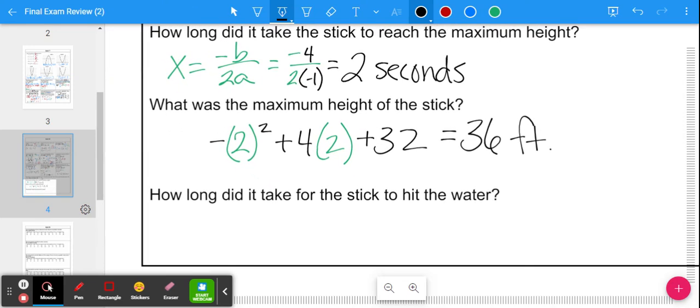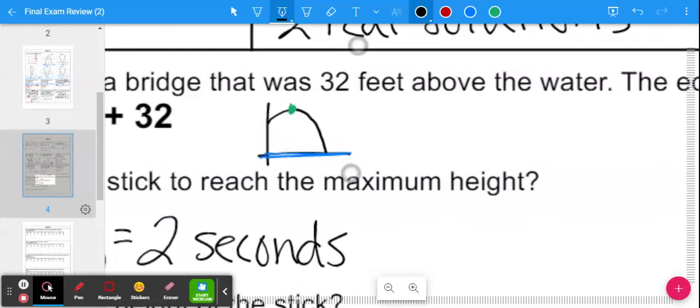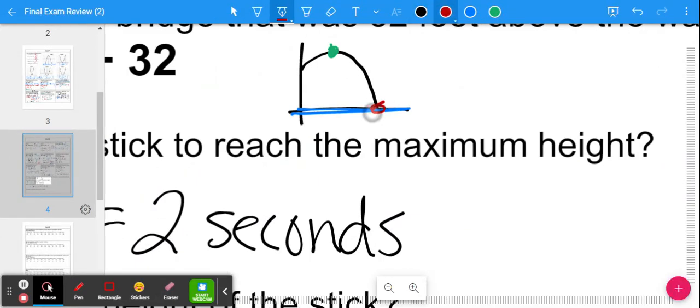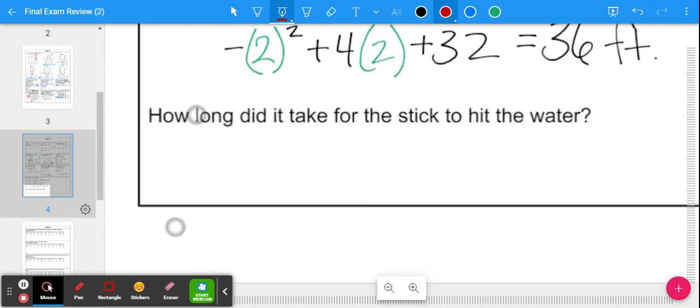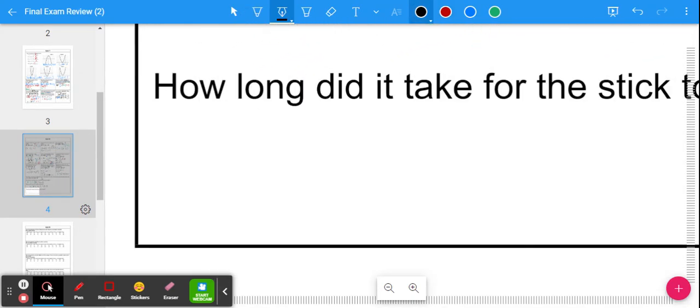And then it says, how long did it take for the stick to hit the water? So we have to plug this into the quadratic formula, because remember, where it hits the water is that x-intercept. It's the solution. It's the root. So to do that, we plug it into the quadratic formula.